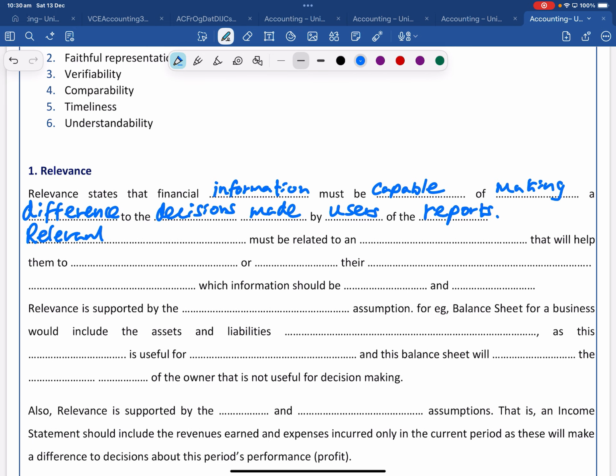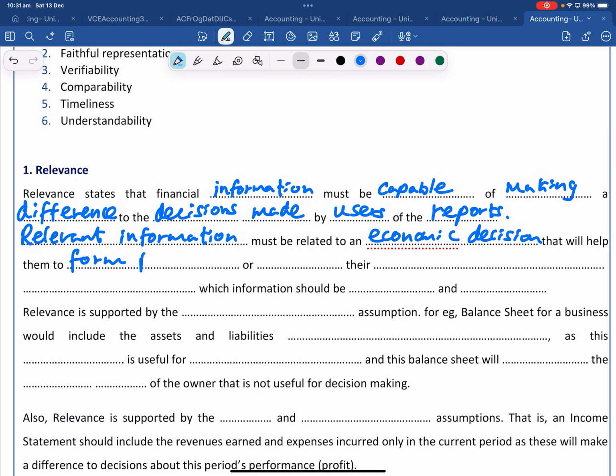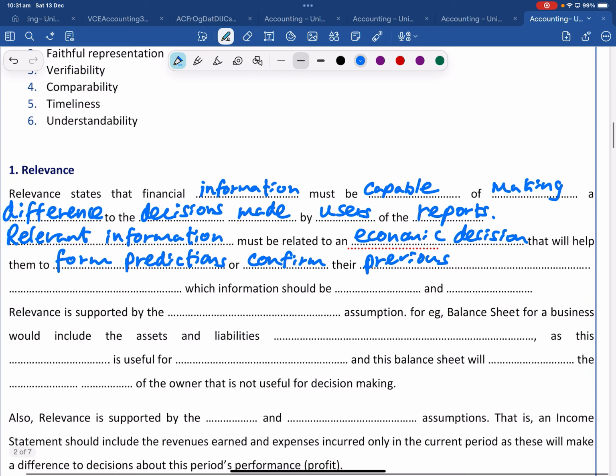Relevant information must be related to an economic decision that will help them to form predictions or confirm their previous evaluations.